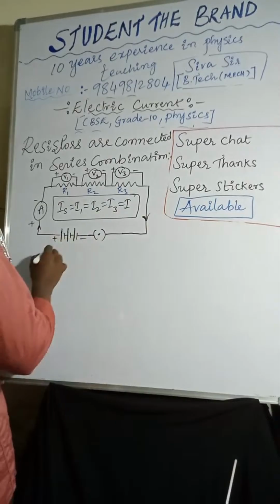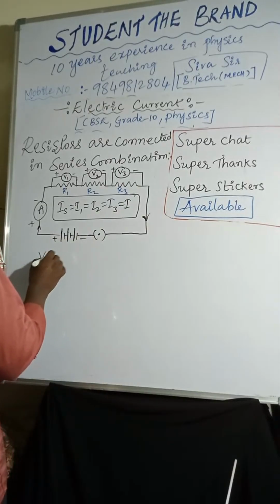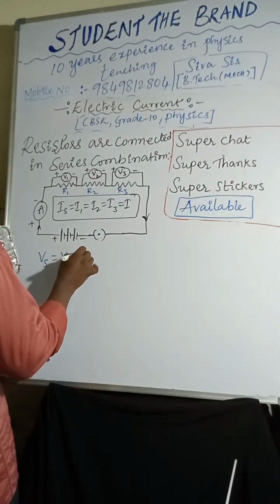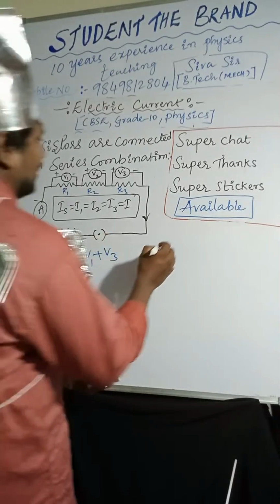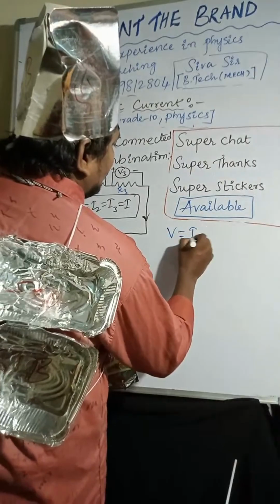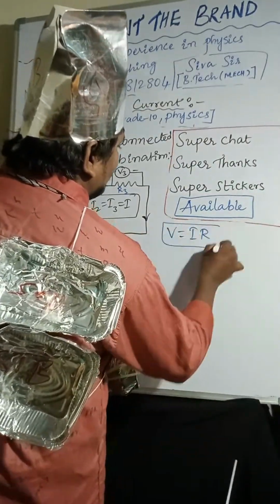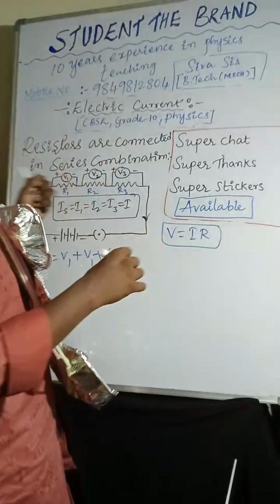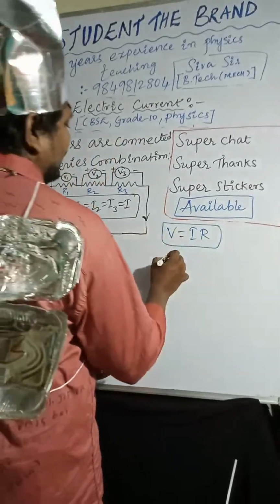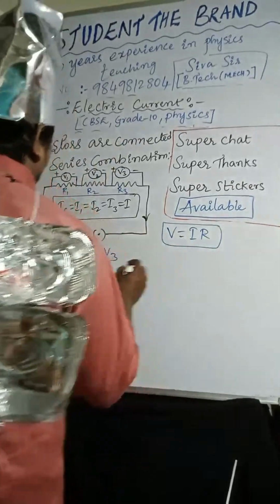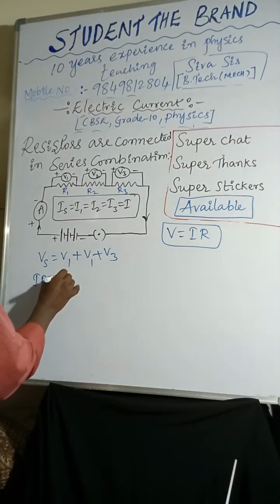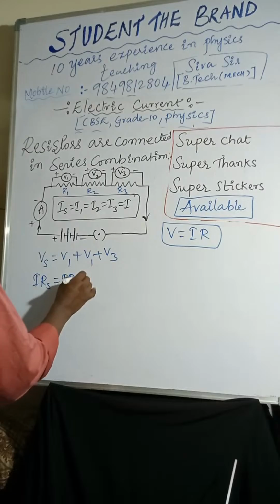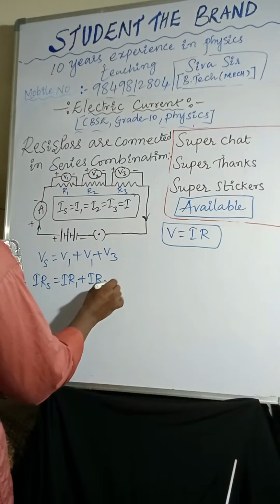Now you are considering that the potential difference is different in series combination. Vs equal to V1 plus V2 plus V3. So normally from Ohm's law, V equal to IR. So Vs equal to I Rs, equal to I R1 plus I R2 plus I R3.